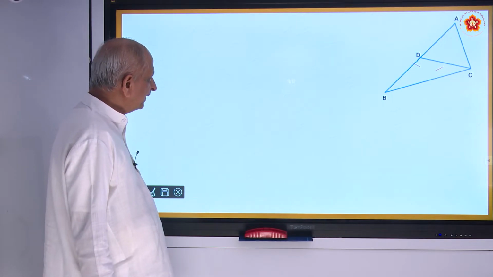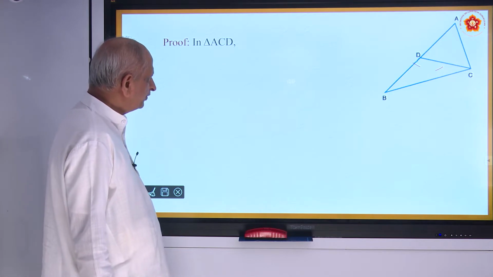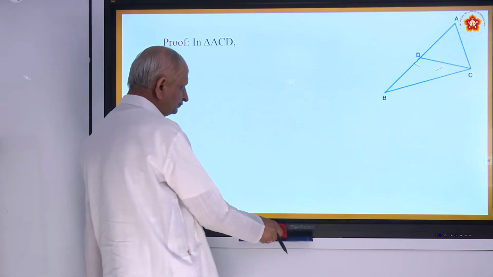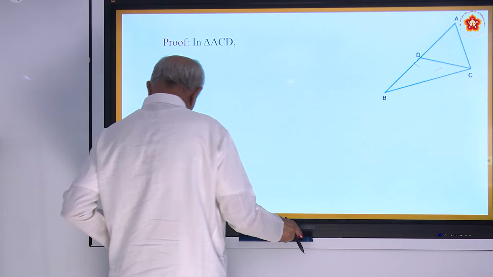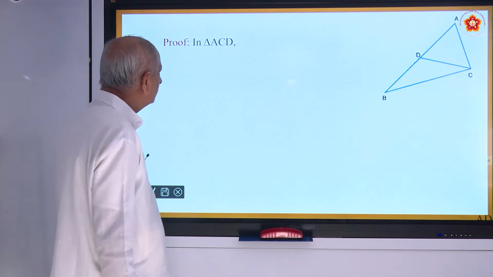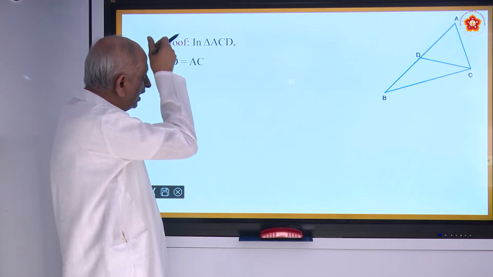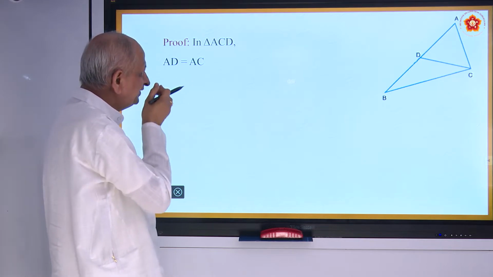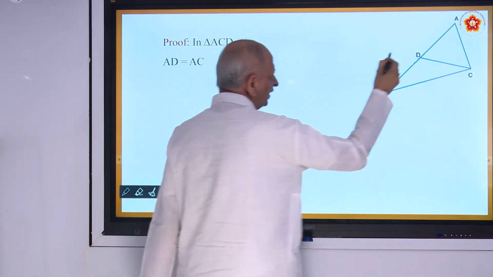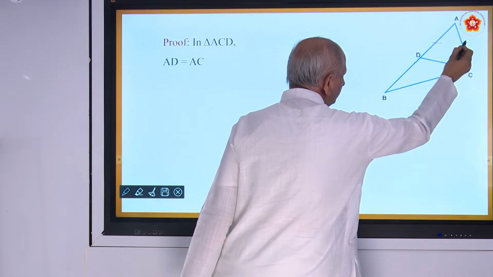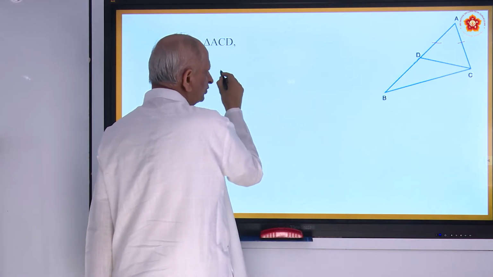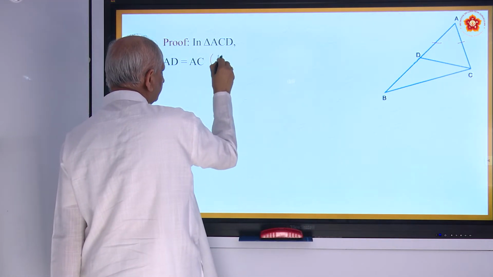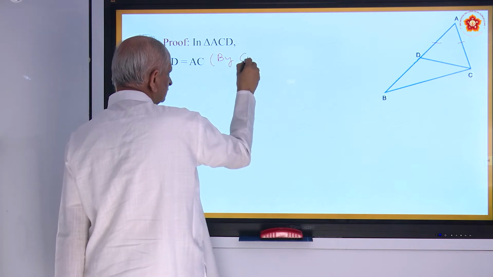So in the proof aspect, you must take triangle ACD. In triangle ACD, you have AD is equal to AC. So AD is drawn equal to AC, that is the construction. So this is by construction. Note down.